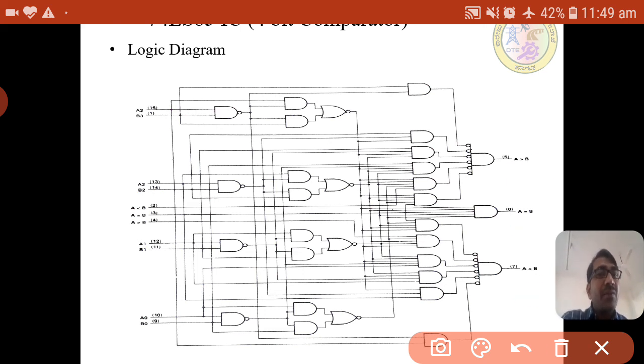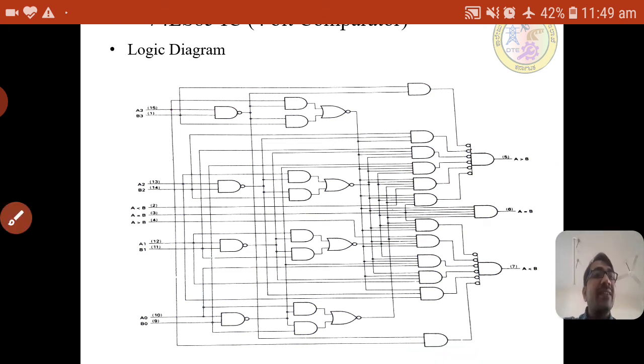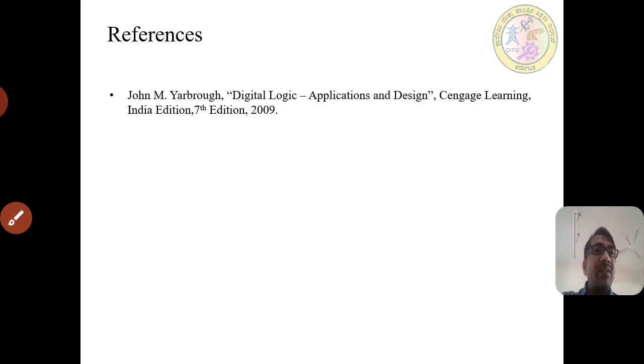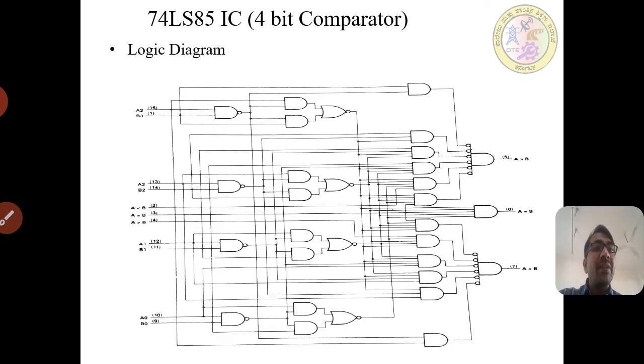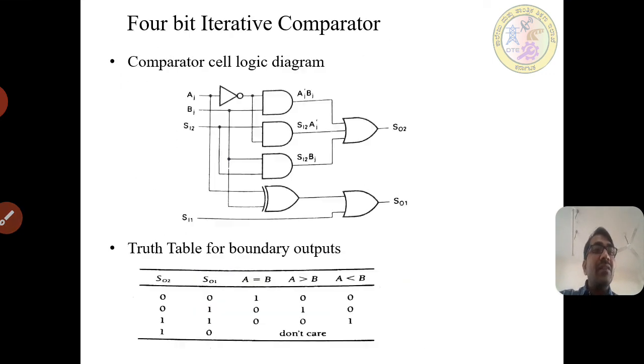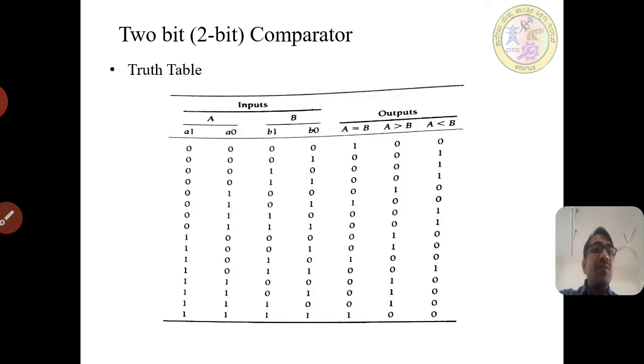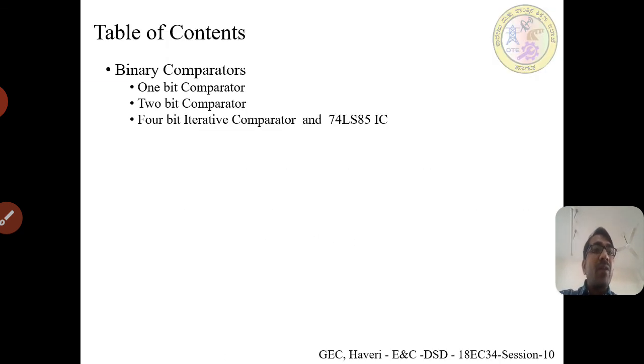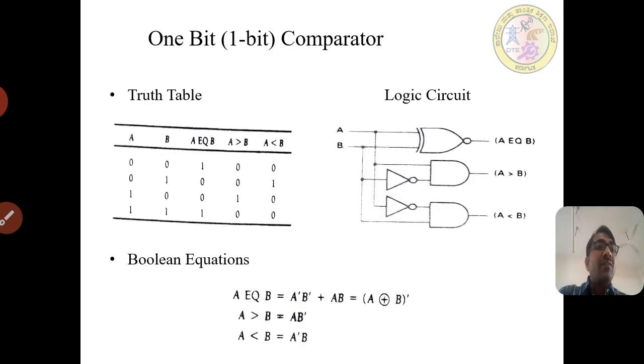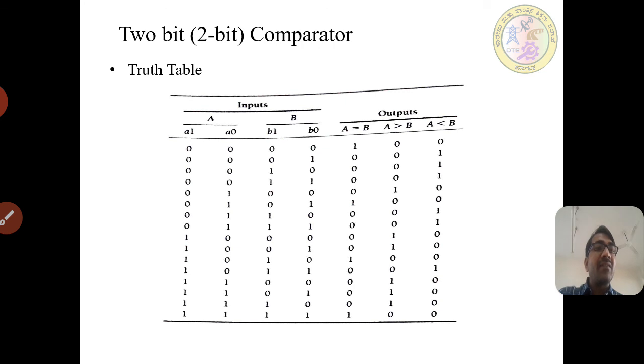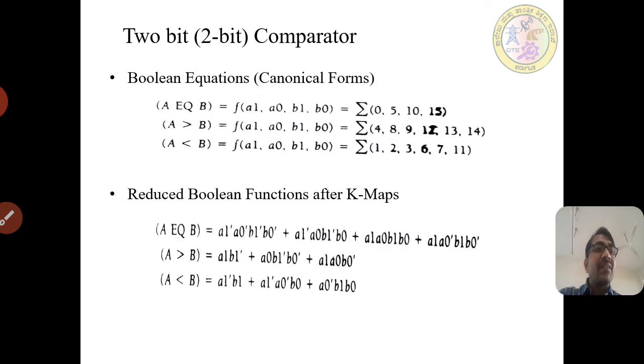Finally, this circuit will be inside the IC. Today we have learned about the comparator: what a comparator is, and how many types there are, 1 bit, 2 bit and 4 bit, and the circuit for the 1-bit and 2-bit comparators.